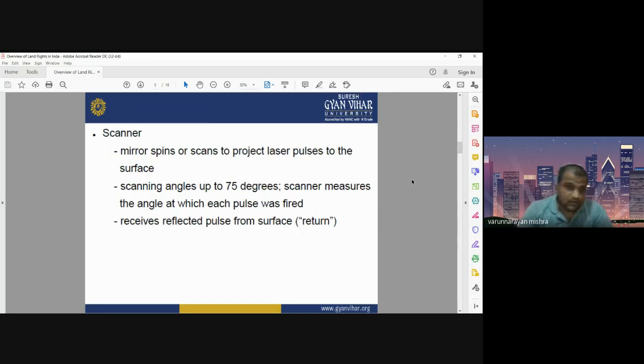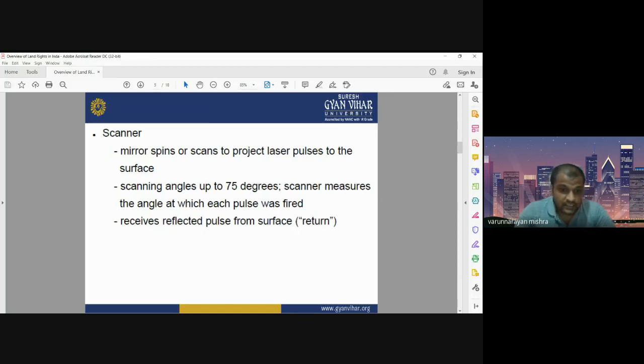Because when we transmit the pulses, the pulses are not received at the same angle. They may be received at different angles, so this mirror continuously moves between 0 to 75 degrees to receive the entire incoming energy at the receiver of the lidar system.